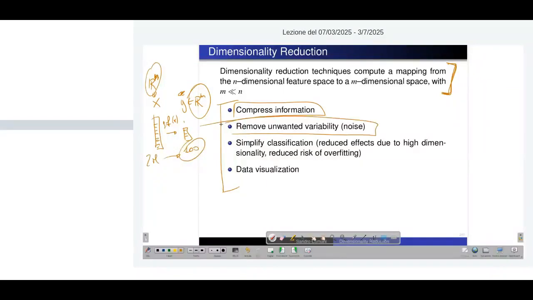We have seen another reason we may want to reduce the dimensionality: to remove what is called unwanted variability. We made an example yesterday. If our inputs are images of people and we want to recognize whoever is inside, we can imagine that the background parts of the pictures are useless. If we represent the pictures as arrays, each component of the array corresponds to one pixel of the image.